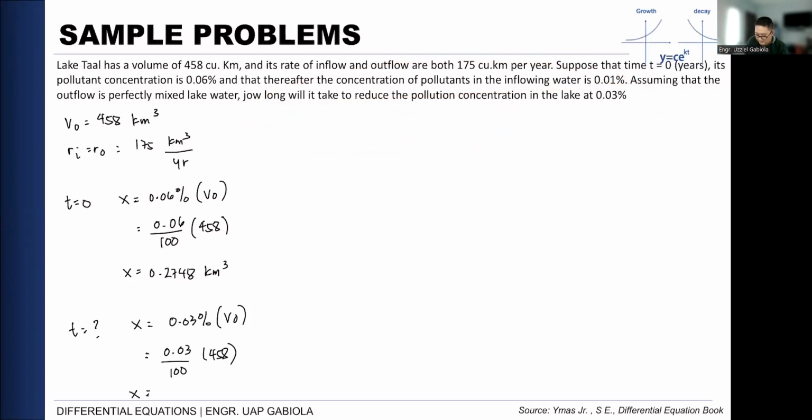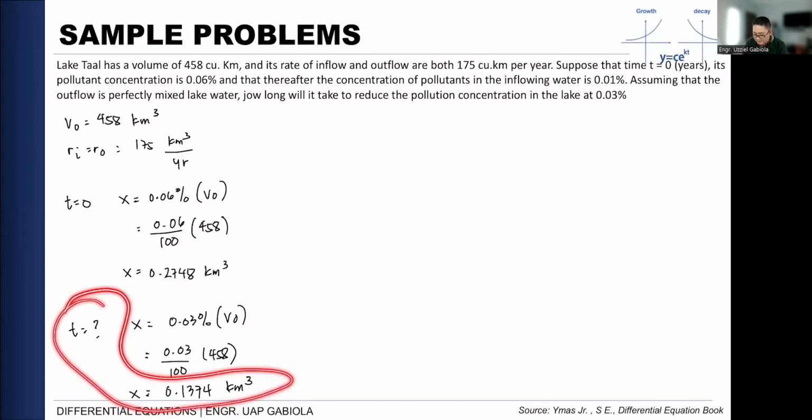So, pinapahanap, kailan ma-achieve yung ganung value? 0.003 times 458. We have 0.1374 cubic kilometer. Okay? Ayan. So, ito yung pinapahanap sa atin. Pero hindi pa natin magagamit yan unless makuha muna natin yung general formula natin. Okay?